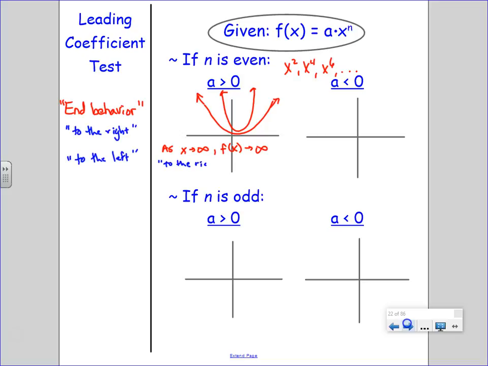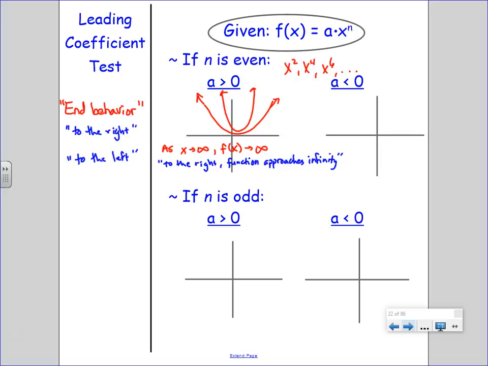To the right, f of x, or I could say the y values, or the function approaches infinity. As x approaches infinity, f of x approaches infinity. What's another way of saying it? As I go to the right, the function is increasing or going up.